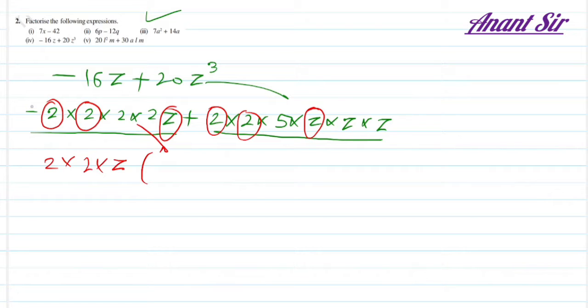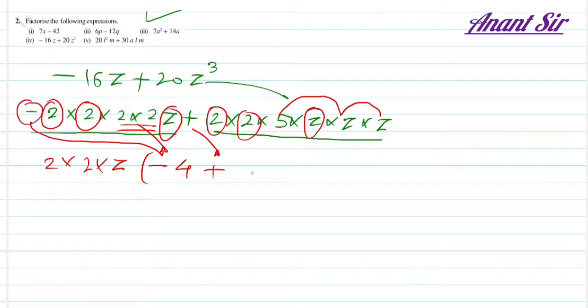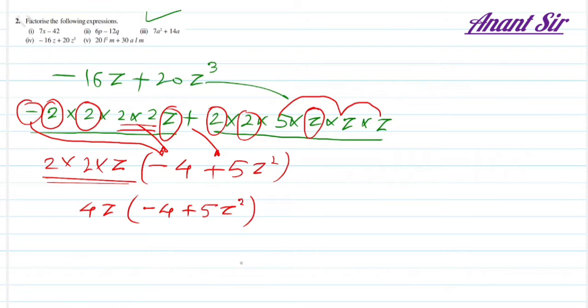Here minus also remains as it is: minus 2 times 2 is 4, plus 5 and z into z, so 5z square. So it is 2 times 2, 4z, and in the bracket it remains minus 4 plus 5z square. So this is one method by which you can solve the question.